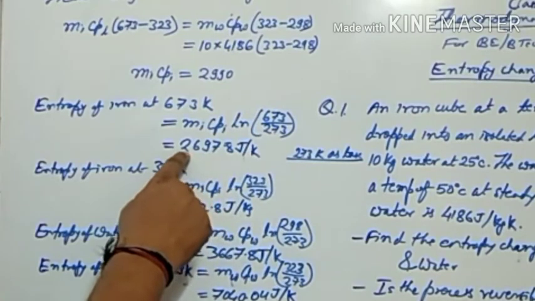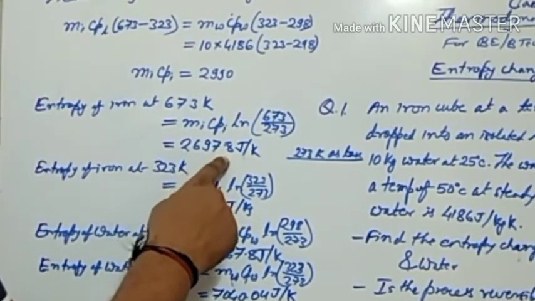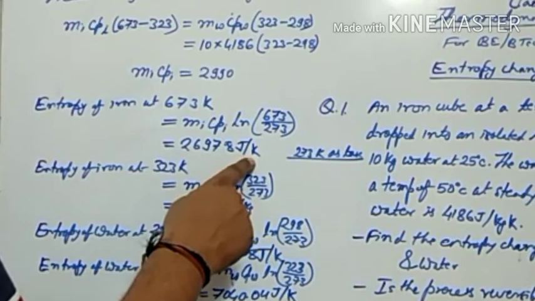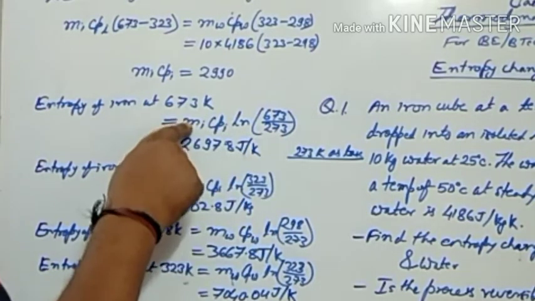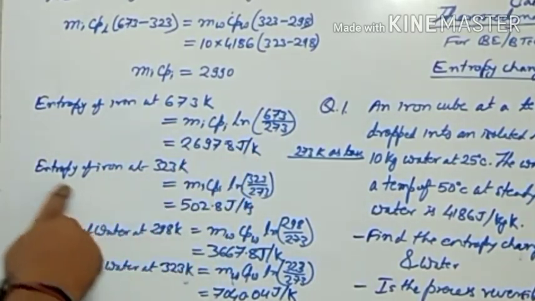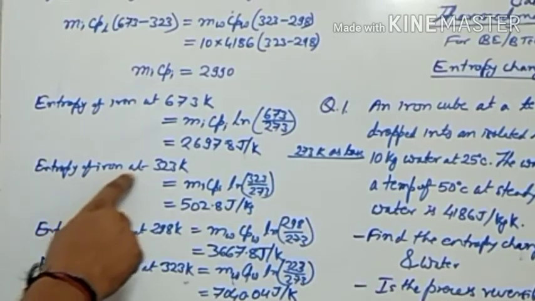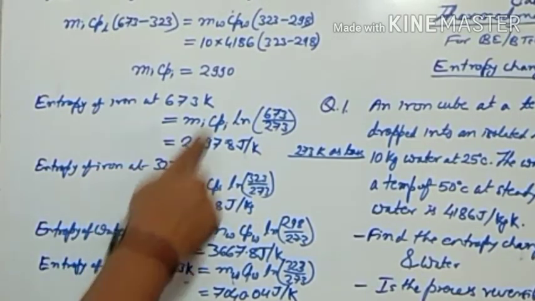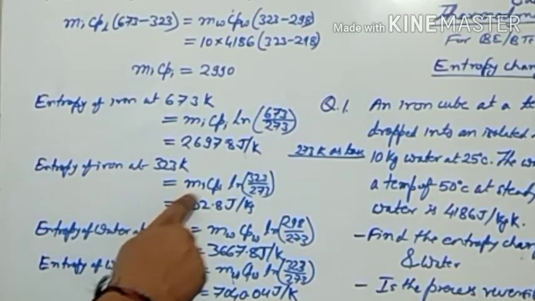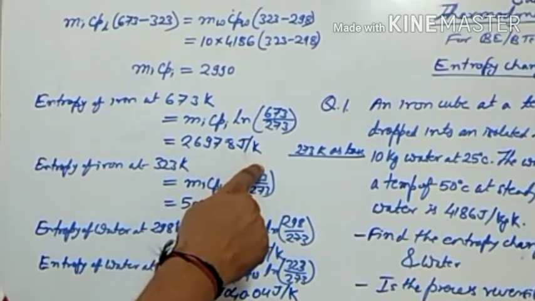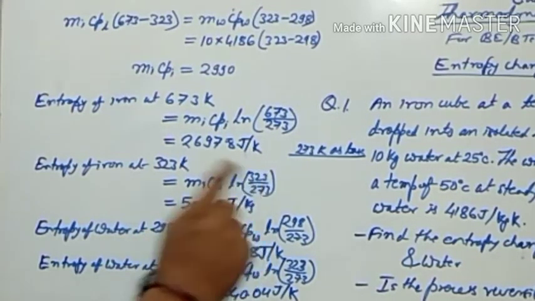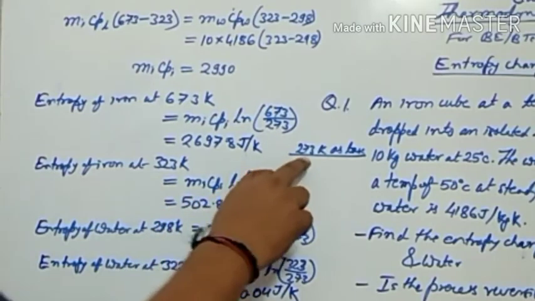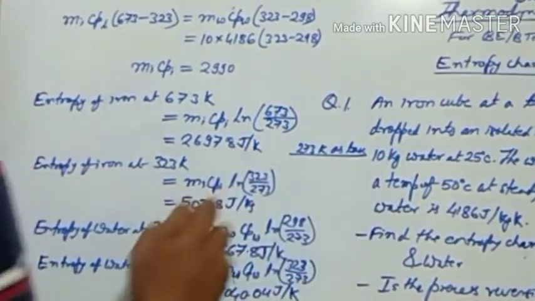It comes out to be 2697.8 joules per Kelvin, because mass is included. The entropy of the iron at 323 Kelvin, using the same formula, MiCpi log of T2 upon T1, is 323 upon 273, because we are taking 273 as the reference point.